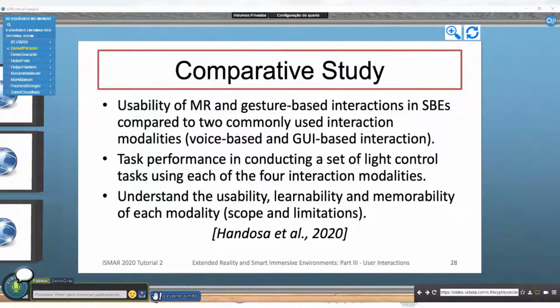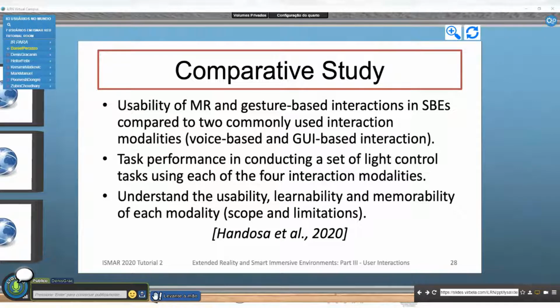What we would like to do is not only to evaluate user interaction, but also to do a comparative study between, let's call it non-traditional, such as mixed reality or gesture-based interaction, and compare it to some commonly based interaction, let's say voice-based and graphical user interface-based. For that, we need to identify certain tasks and then compare the related task performance.